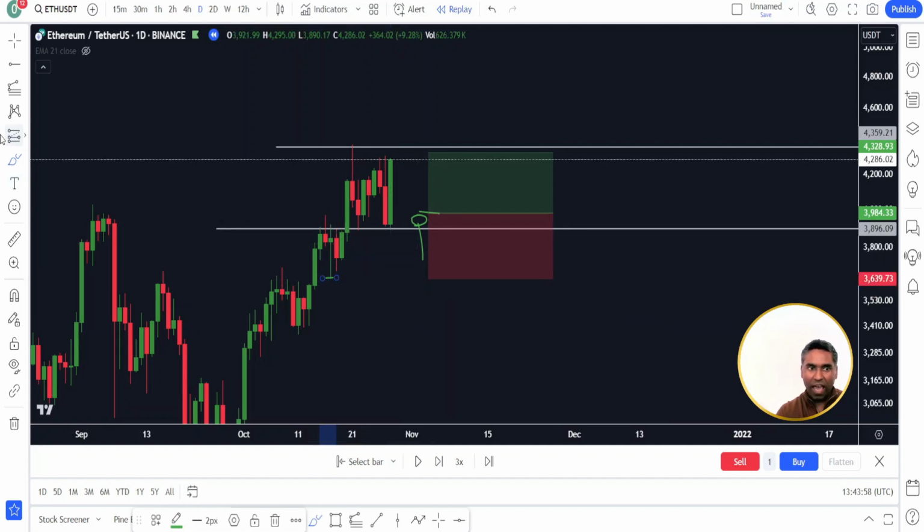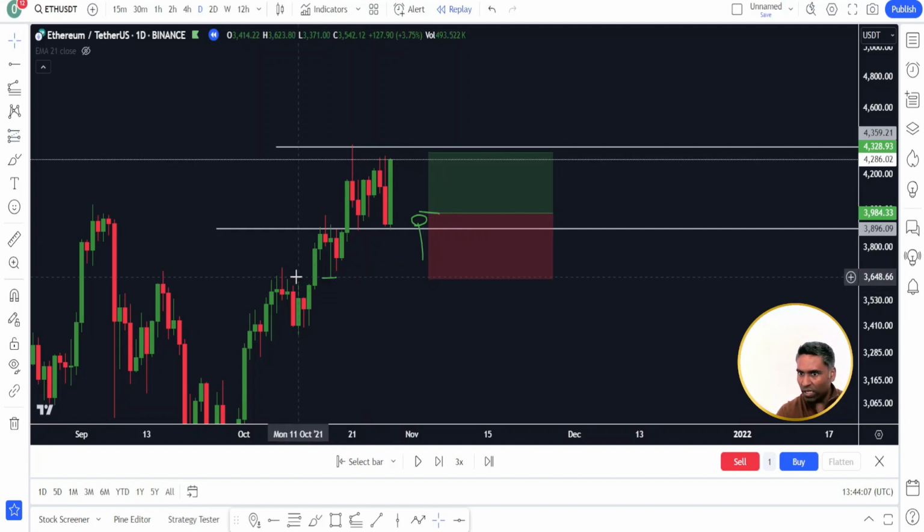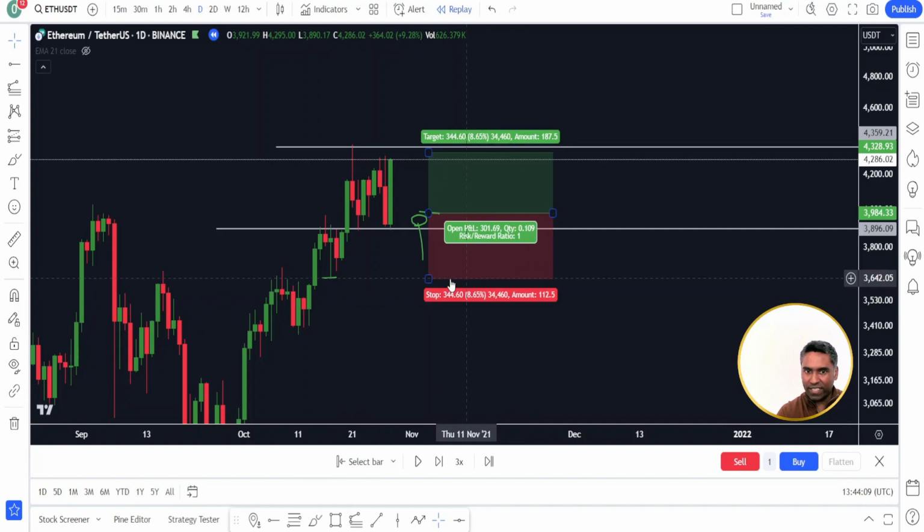So we have to put a stop loss below this candle low. This candle low is around 3648.66. So we'll put our stop loss around 3620, or 22, but we'll put around 20. Okay, so we'll put around here.